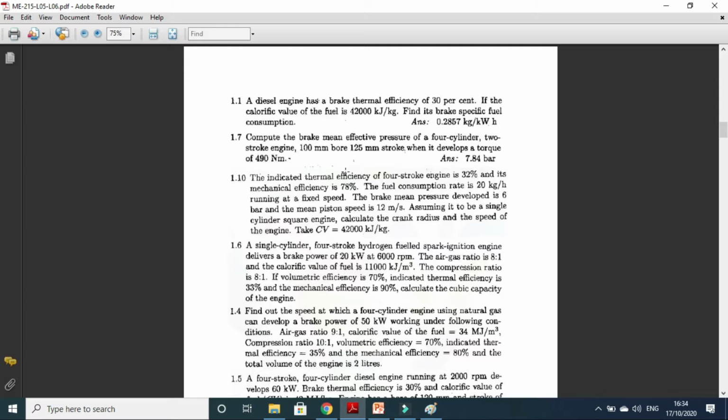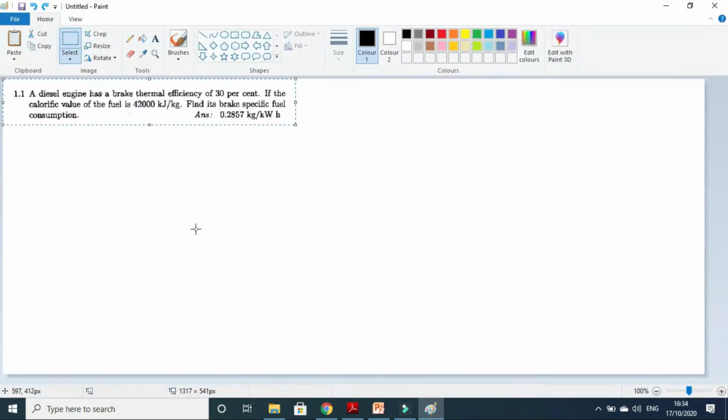Now, if you remember, I advised you to memorize the formulas. So this is a simple thing. If I were you, I would highlight the key parameters, and the key parameters are brake thermal efficiency, and I need to find the brake specific fuel consumption.